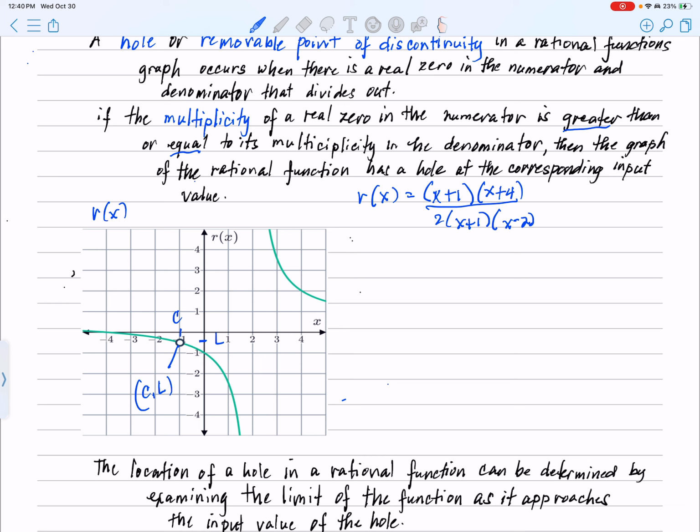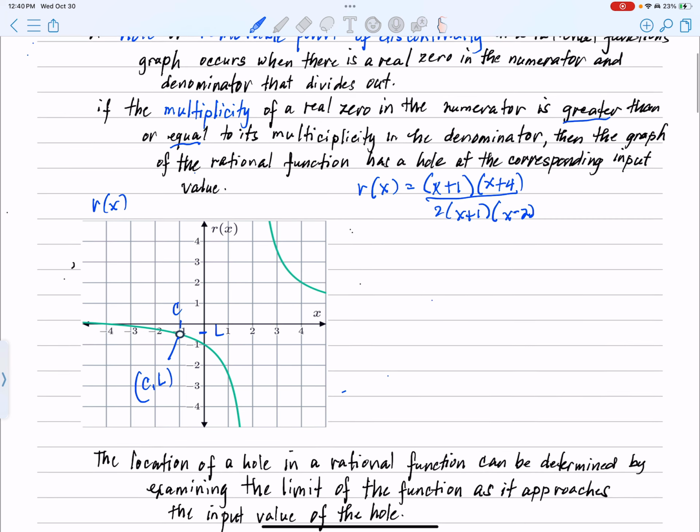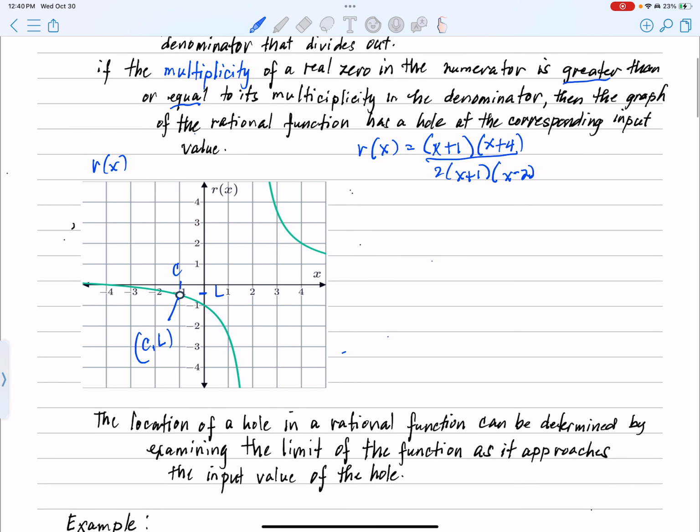That is the one that corresponds to the graph. The graph has a hole at x equals negative 1. That's the location of the hole.